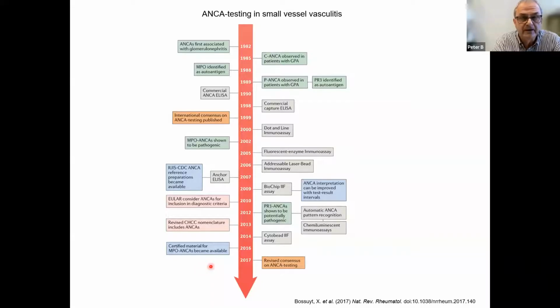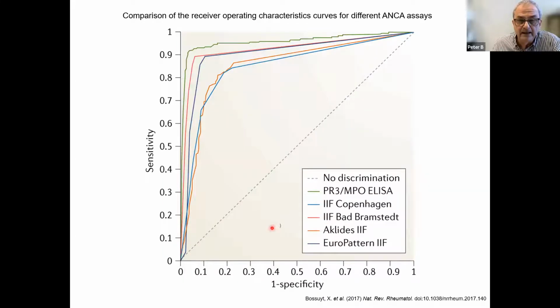ANCA testing has been developed during the last 30 years. It was discovered in 1982 that ANCA was associated with glomerulonephritis and later with GPA and ANCA vasculitis. And the testing and the methods have become more and more precise, with good specificity and sensitivity, as we see here.